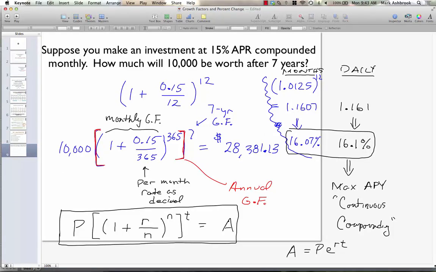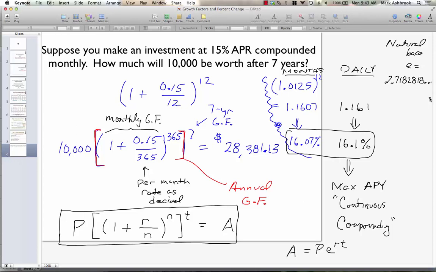So the natural base E equals 2.7182818, and goes on and on and on. It's a number like pi. It's an infinite non-repeating decimal, very similar to pi, and it's called the natural base.